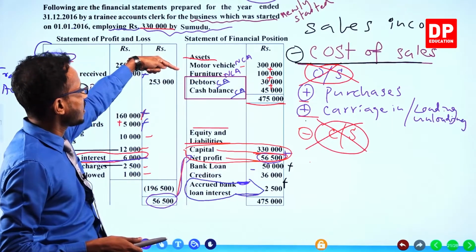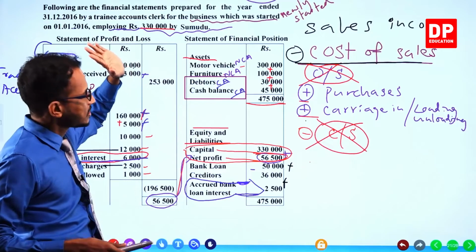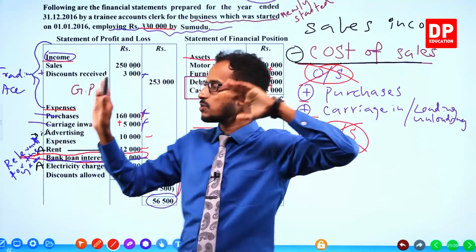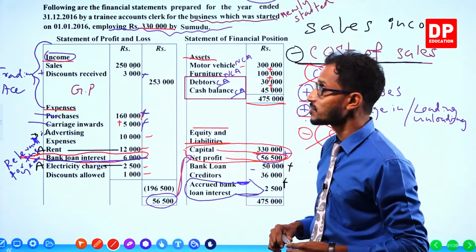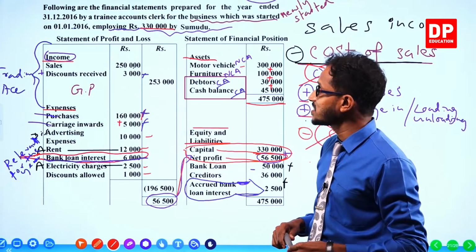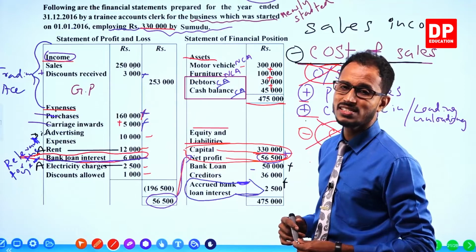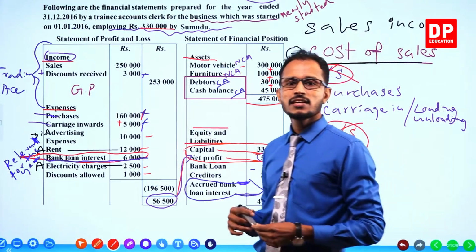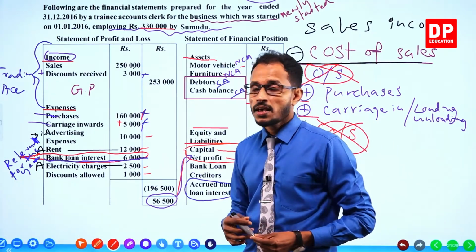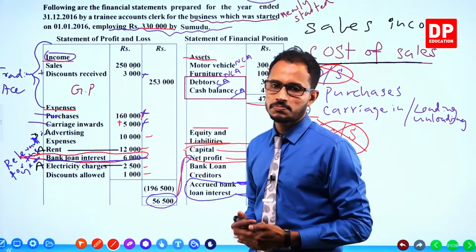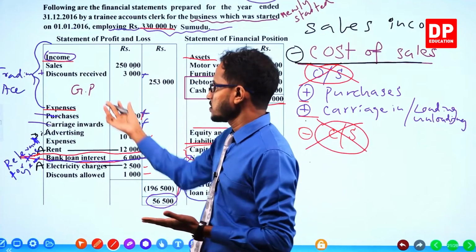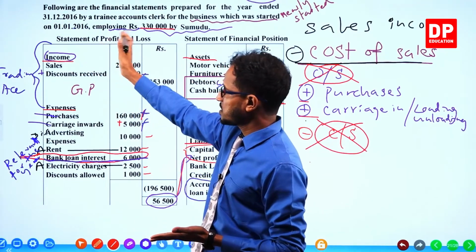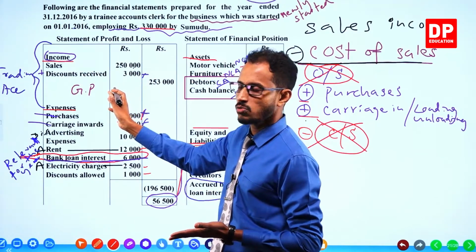The only mistake here, actually, is that this accounts clerk, she's not a bad person. I'm sure that she must be a good person, but she doesn't know the formats. She doesn't know the methodology of preparing the statements. But the items included are all correct. See, incomes and expenses, all correct. The trading account section is not shown separately.